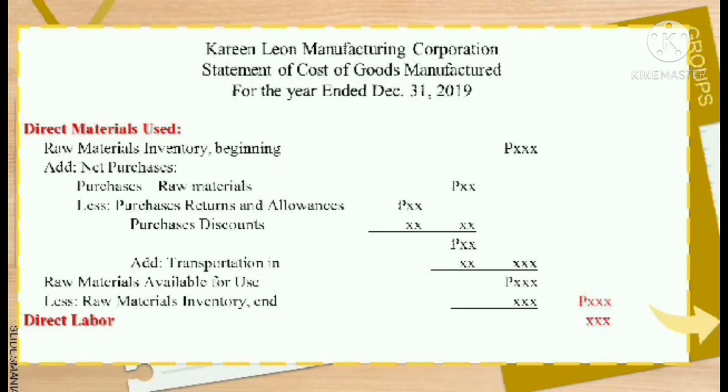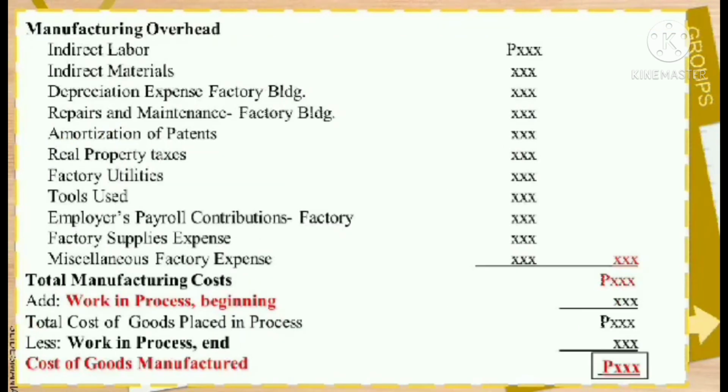manufacturing overhead. Here, we will simply add all the items under manufacturing overhead. In other transactions or problems that we may encounter when we have to make a statement of cost of goods manufactured, some of the manufacturing overhead items listed here in the sample may or may not be present.